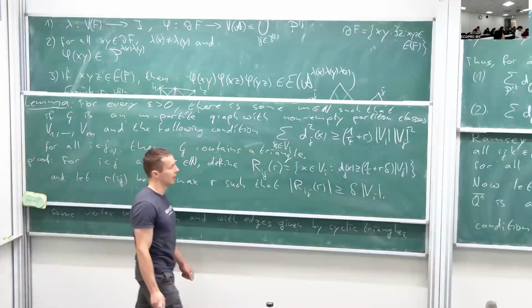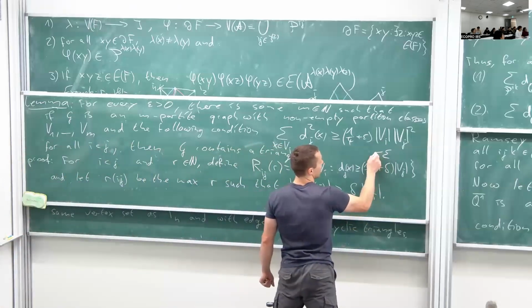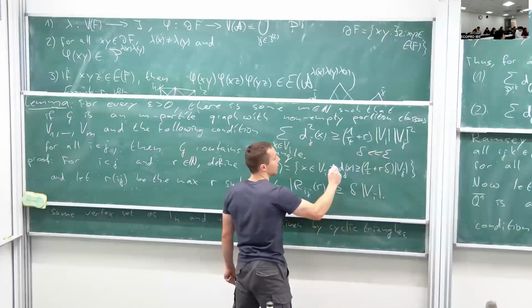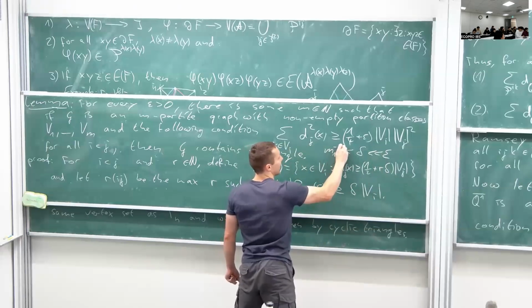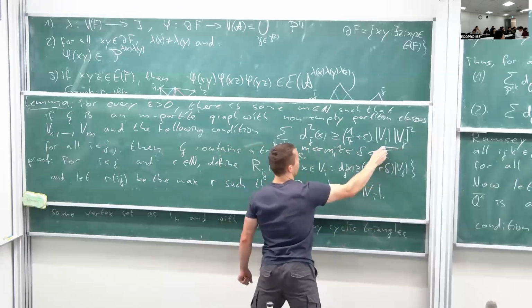The hierarchy that we want to look at is: we're given some epsilon, then much smaller we want to pick our delta, and then much smaller than that we want to pick some m1 minus 1, and much smaller than that we want to pick o.